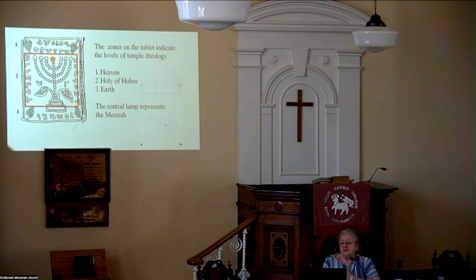So what you know already about this tablet is that the three zones indicate heaven and the Holy of Holies and then the earth. That's very important because temple theology, which is what this is an expression of, is all about the relationships between the highest heaven and the Holy of Holies, which is obviously part of the temple, and the created order, which is the bottom line.